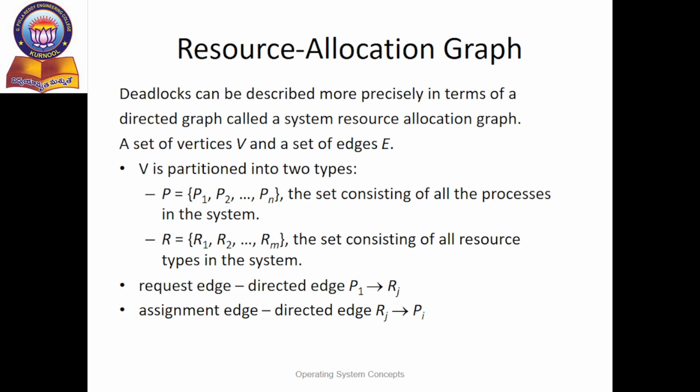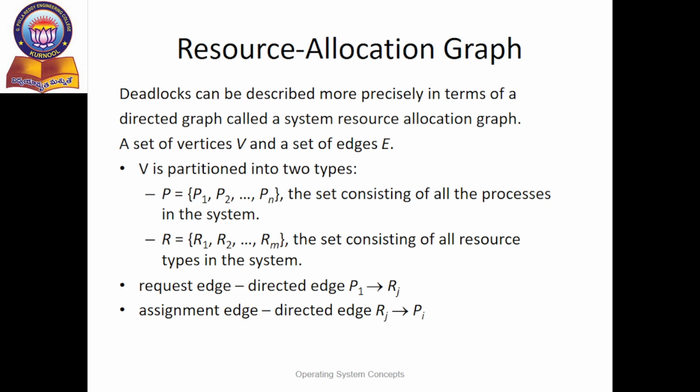Here the vertices are again partitioned into 2 types. A vertex can be either a process or a resource. So in this resource allocation graph, the vertices are partitioned into 2 types: processes as well as resources.